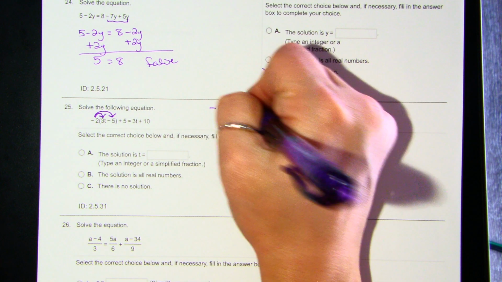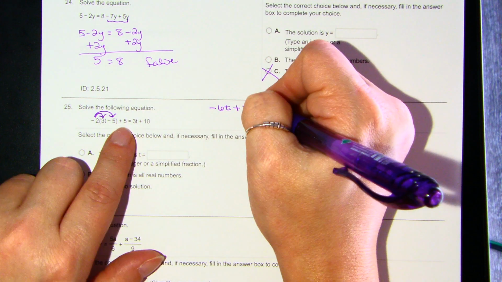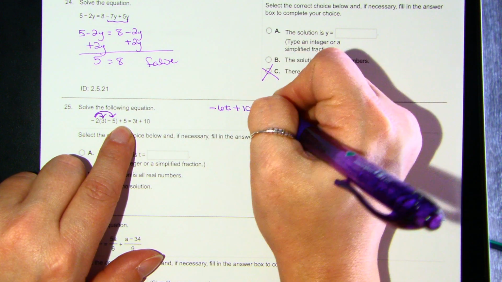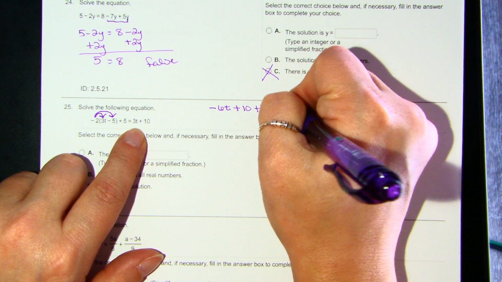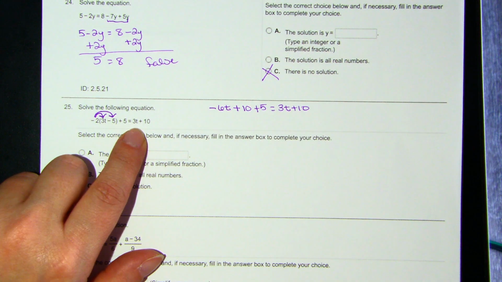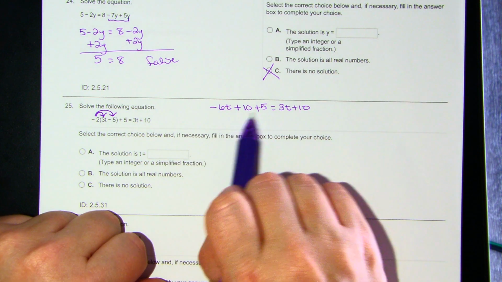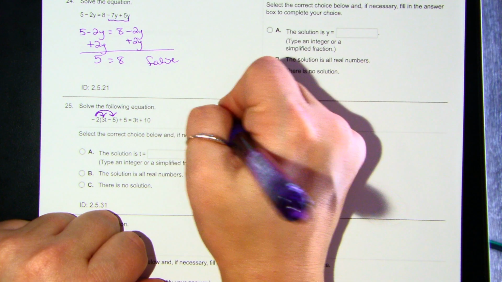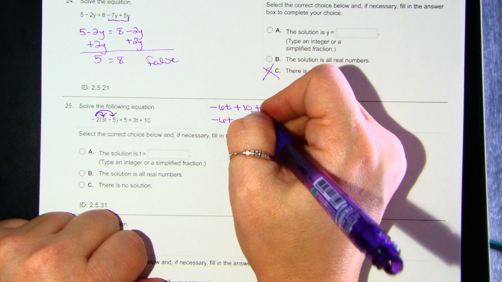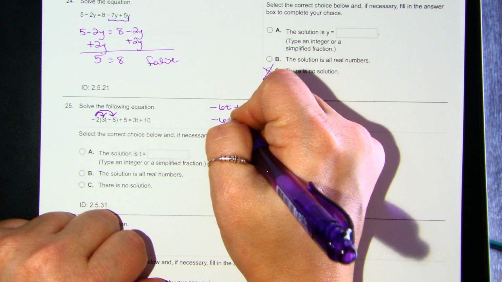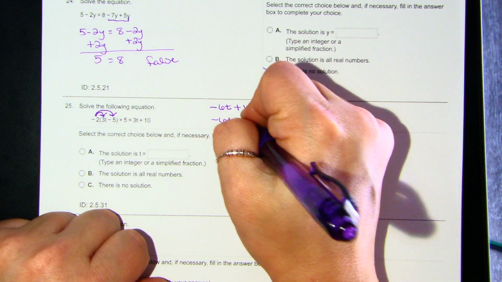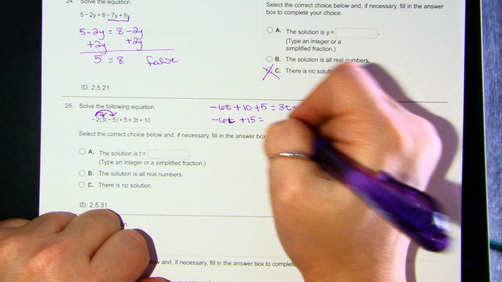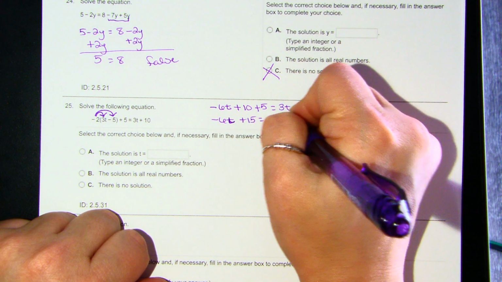Now, I do have some like terms over here on the left, in that I have 10 plus 5, which is 15. And then at this point, I make a choice. Notice I have t's on both sides and constants on both sides, so I've got to get all of my constants on one side and all my variables on the other.